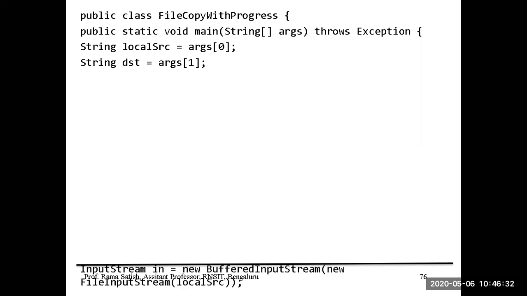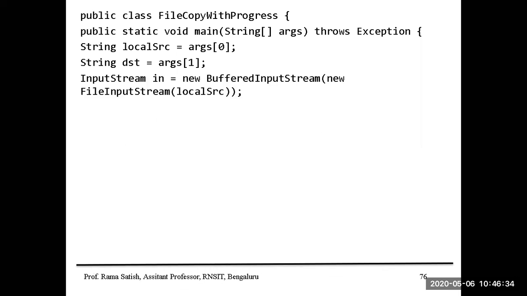And you know the buffered input stream very well from Java. With this object, the local source file will be opened, associated with a file input stream, and stored in the buffered input stream.